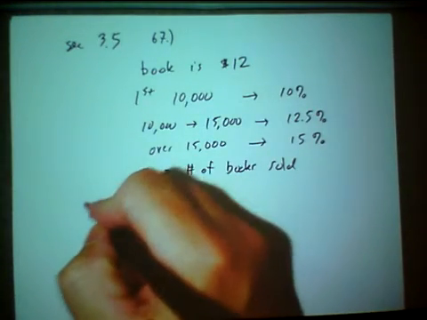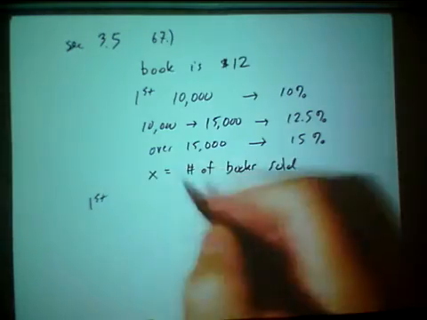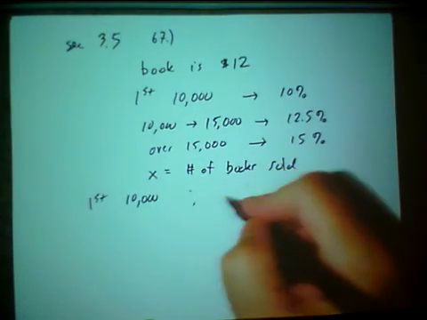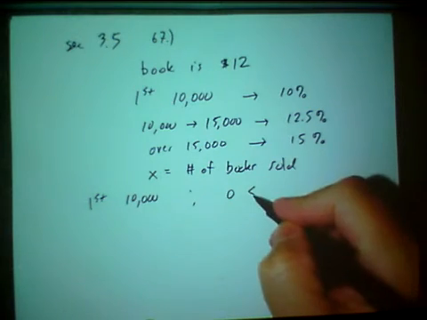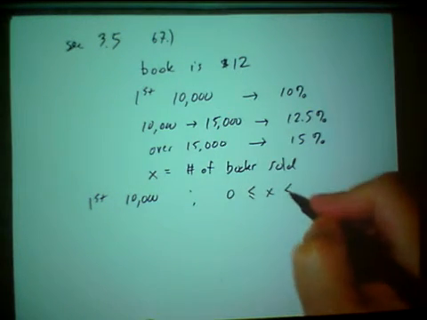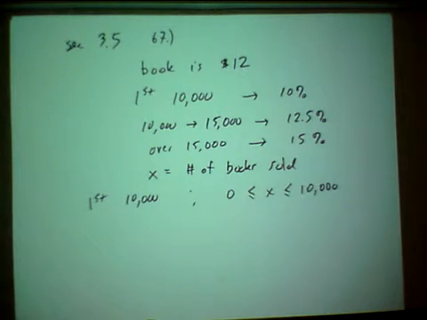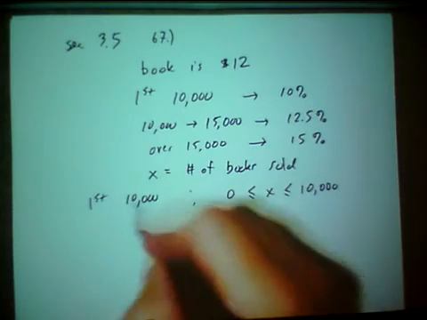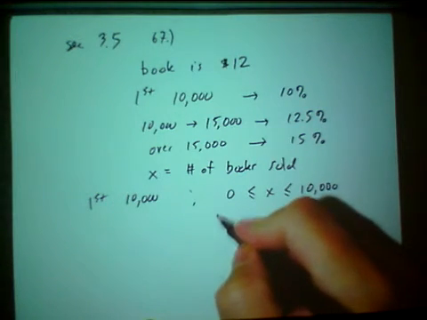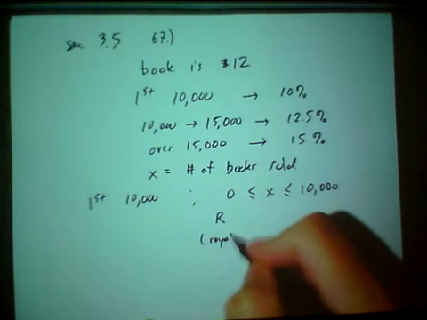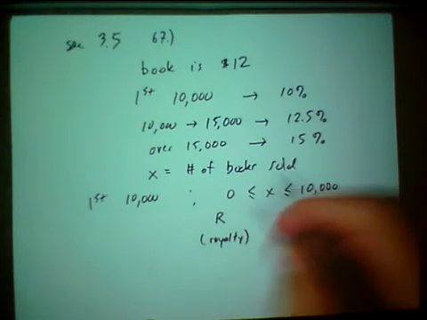So let's do this. Let's say for the first 10,000, one way of saying that is when X is between 0 and 10,000. Well, R stands for the royalties, or the amount of money the author makes.